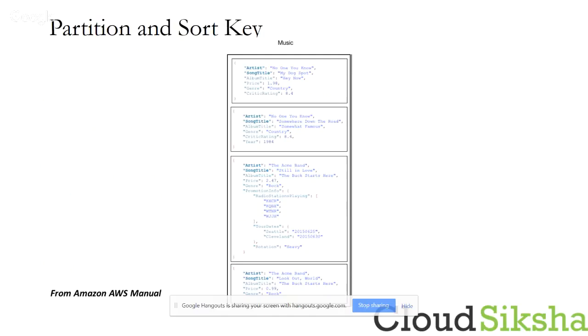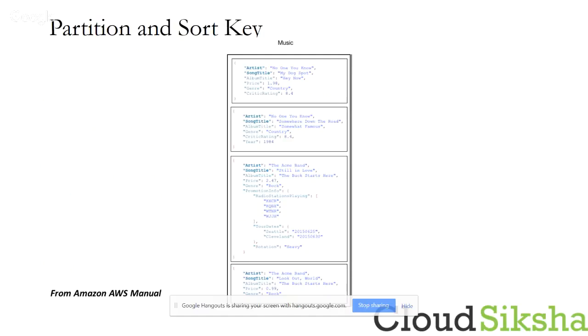So if you see here, the artist name is No One You Know, whereas there are certain song titles here, and based on the song title, you will find that it is being stored in ascending order. So the partition and sort key works this way.